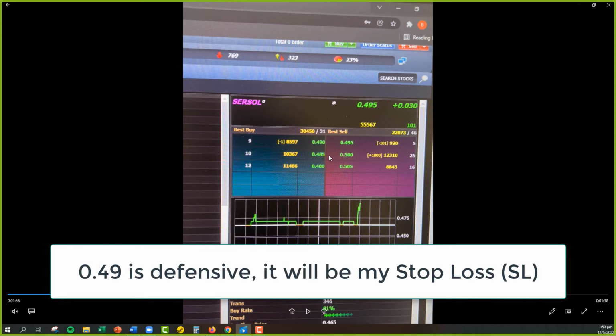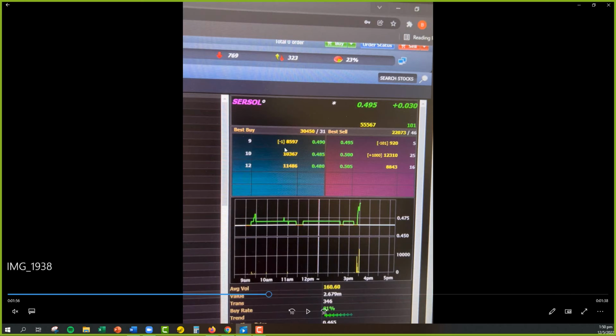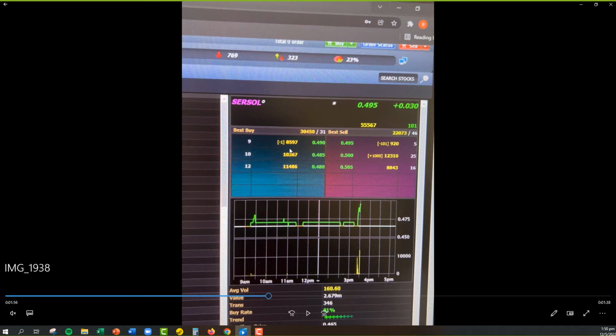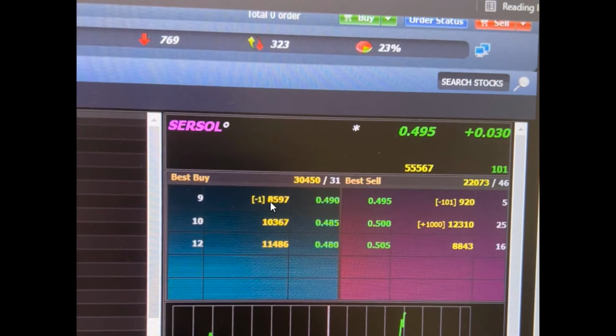Meaning if someone were to sell at 49 cents instead of buying up at 49.5 cents, reducing these 8,597 lots, making it less, let's say maybe leaving just 500 lots or 1,000 or 1,500 lots left, the total minus of, let's say, 7,000 lots.